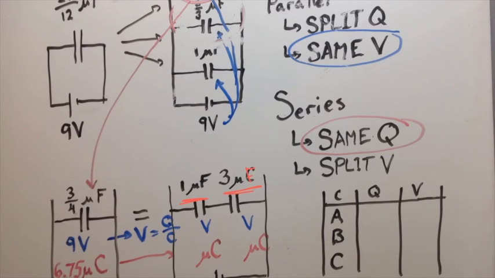And in our previous work, we had shown that the 3/4 microfarad capacitor gets 6.75 microcoulombs of charge on it, and of course carries 9 volts since it's in parallel with the other things that are in parallel with the 9-volt battery. All right, now I'm going to go pretty quick through the rest of this because it's the same process as what we did earlier in the video.